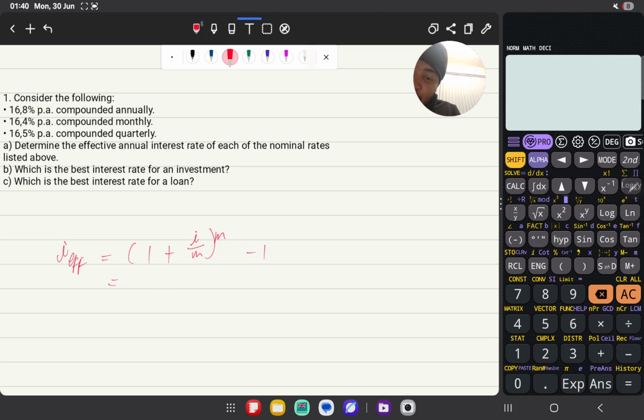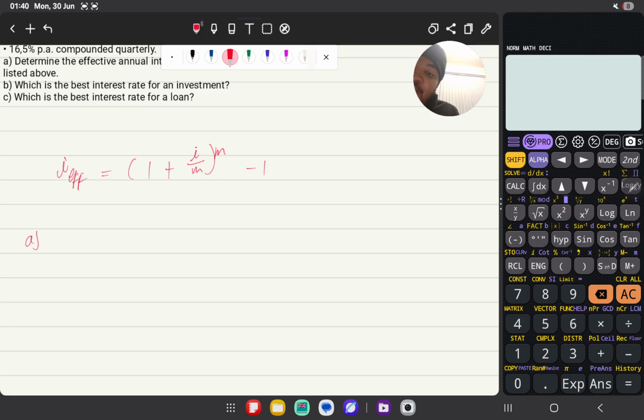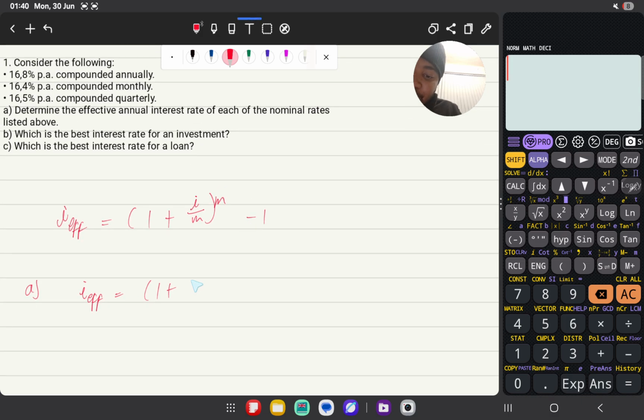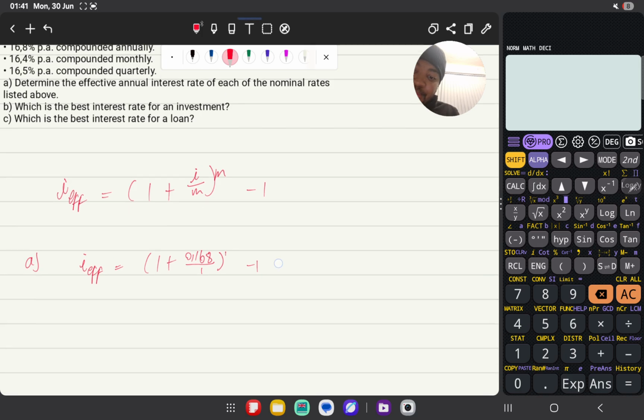So we're going to do exactly the substitution here, without using the formula directly. For A, the effective rate is going to be 1 plus 0.168 divided by 1, because it's compounded annually, to the power of 1, minus 1.